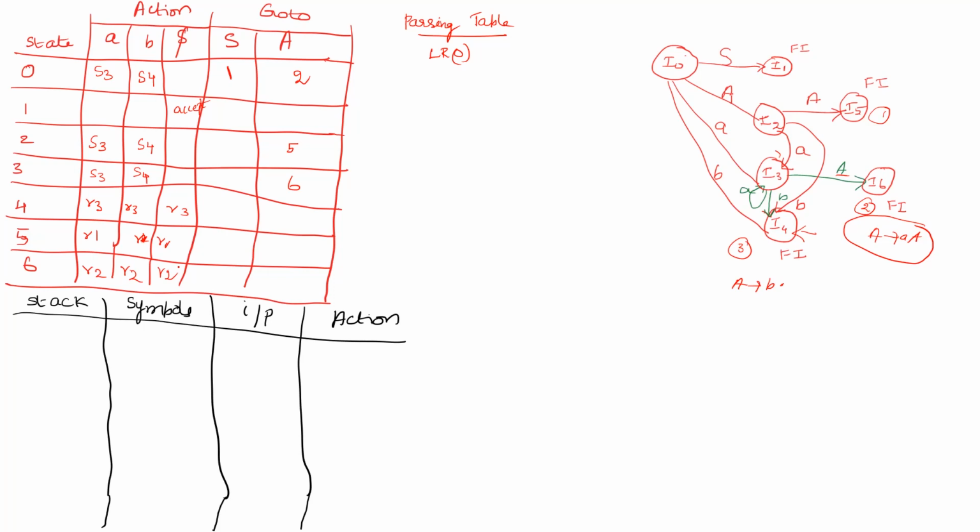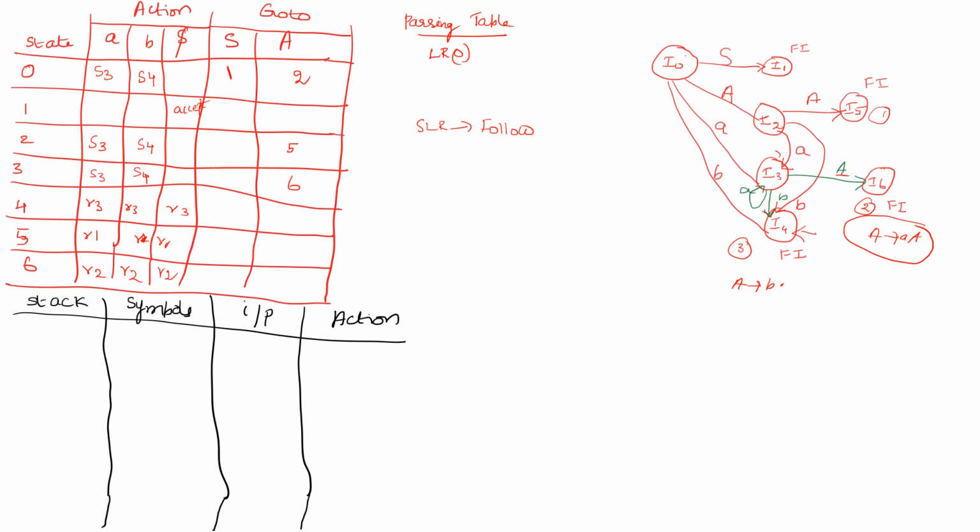Now we'll see how to do parsing. The main difference between LR0 and SLR, kindly note it down, is that in SLR we calculate follow. In LR0 we write the reduce operation in all the columns.